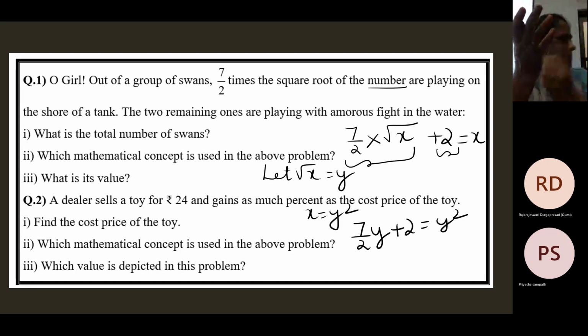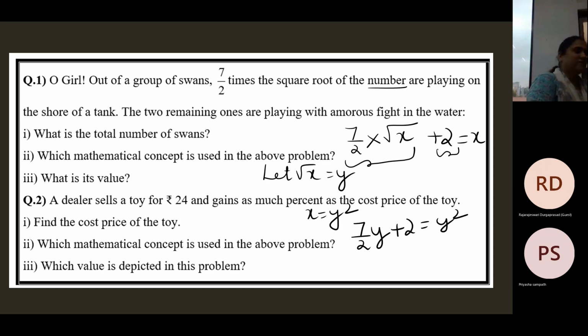We can just say friendship, or there are some of them playing, no? On this, two are fighting. Leave the ones who are fighting, but there are friends who are also playing on the shore of a tank. So you can just say unity, strength, or friendship, whatever.